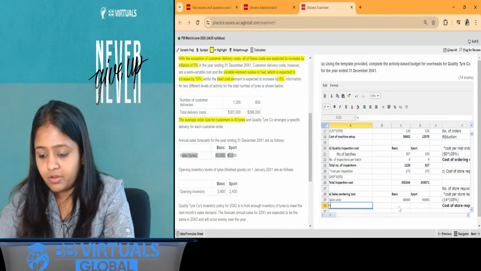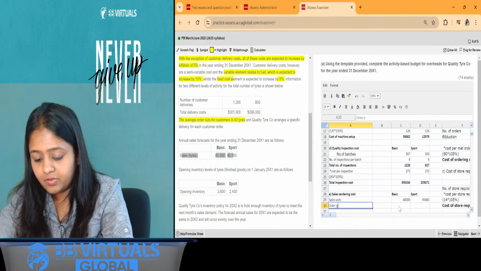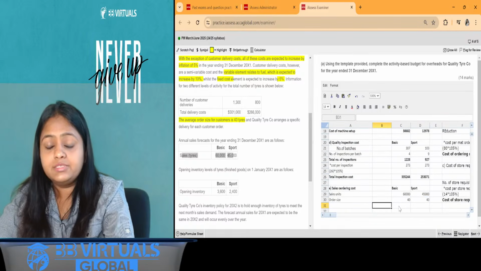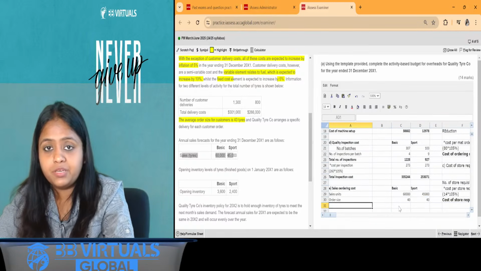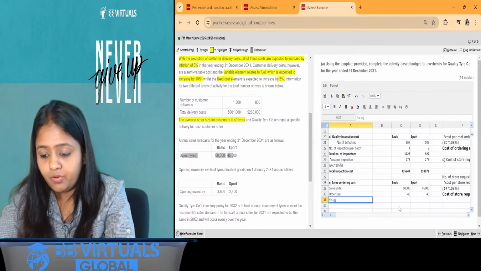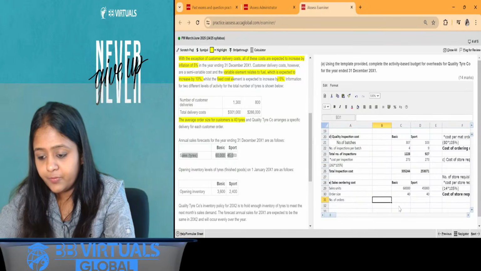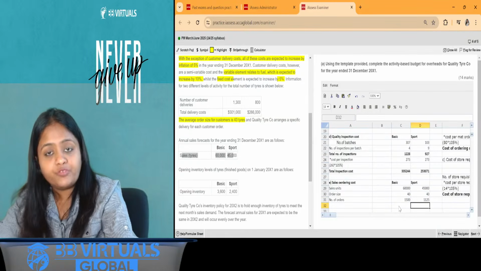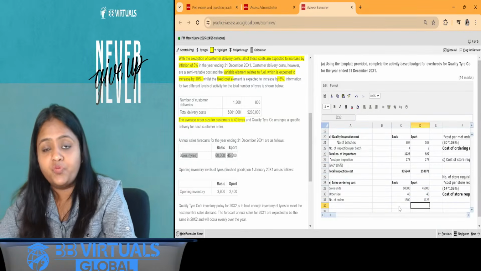Okay, now order size is 40. That is the number of units in one order. Now I have the number of orders. So the number of orders is this divided by this and this divided by this. 1500 orders and 1125 orders.